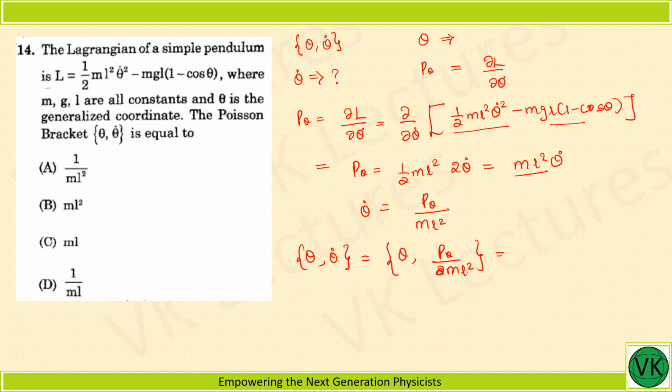You can take the m l squared out from the Poisson bracket, so 1 by m l squared times theta comma p theta. Theta comma p theta is nothing but 1. So theta comma theta dot is equal to 1 by m l squared.